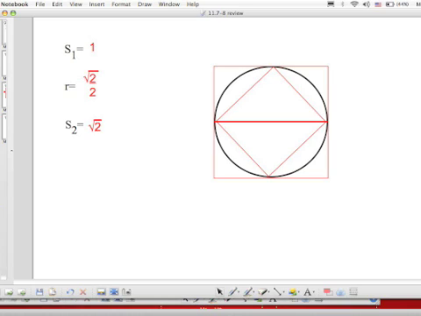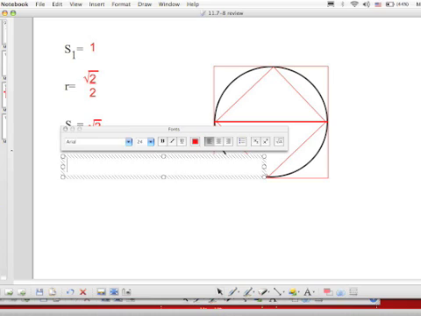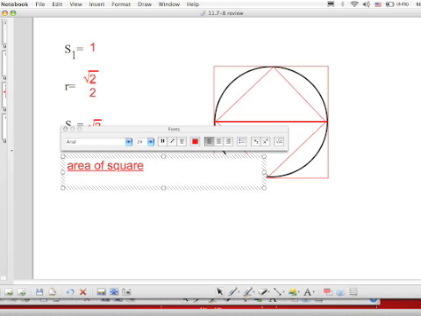You're going to take your target area, which would be the area of the smaller square, and divide that by the total area of the entire target, so it would be the area of the large square.